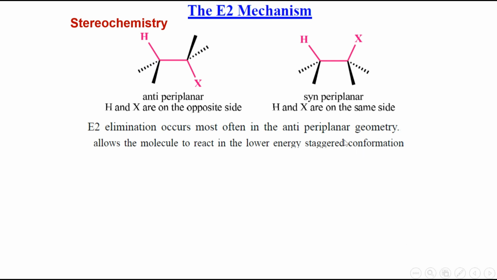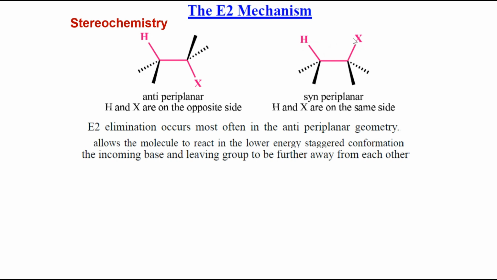Hence, the interaction between the hydrogen and halogen will be less and it will be the most stable conformation. In case of syn-periplanar, it will be in the eclipsed conformation and the torsion angle is 0 degrees. Hence, it has more interaction and that's why it is less stable. Thus, it should have anti-periplanar geometry for more stability.